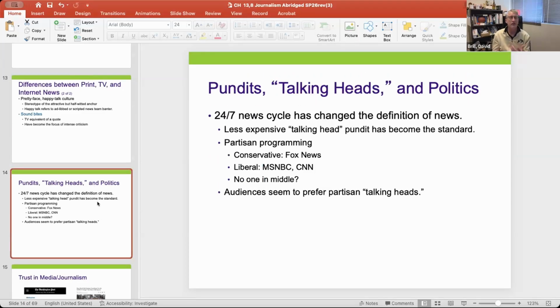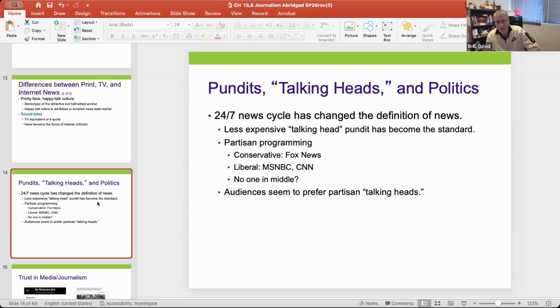As for the digital internet era, or just the modern 24/7 news cycle, it has changed the definition of news, along with obviously being able to get it anytime, any place, through our phones and whatnot. We've also gotten into the template of cable news, where CNN started in the early 1980s, then Fox News came along, and then MSNBC, and you have these cable stations now on the air 24 hours, 7 days a week, each pandering to a certain audience.